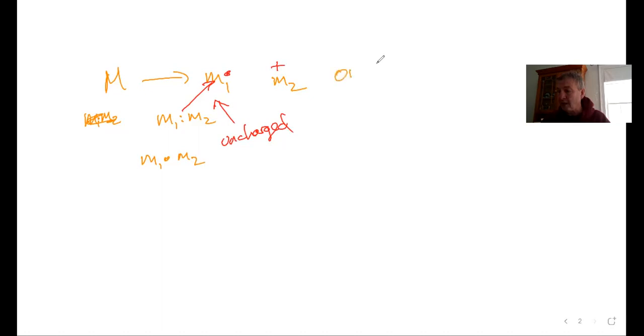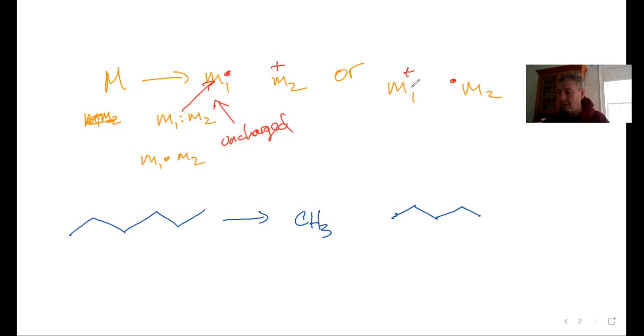You could get, obviously, the opposite result. In other words, if you had a particle, let's say it's hexane, and it splits to CH3 and the pentane, you could have one of two results.